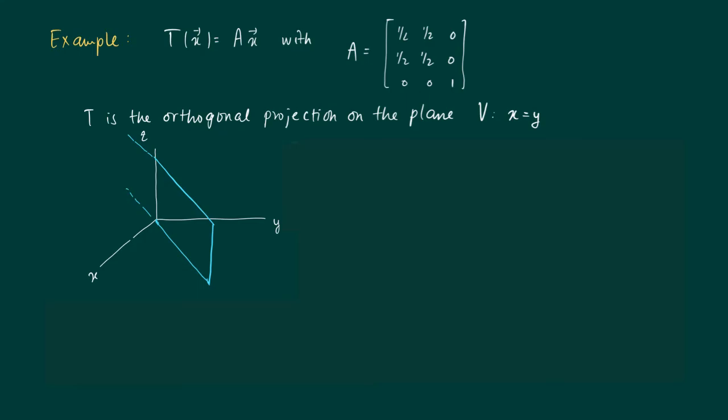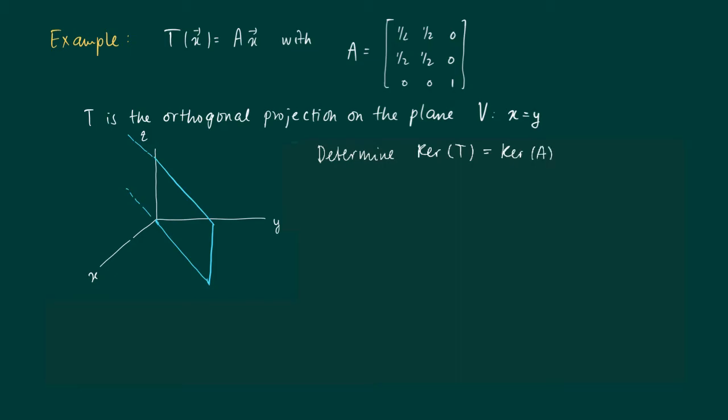So again, look at the same example of T being the orthogonal projection R3 to R3 on a plane V with equation x is y. So the first and the second coordinates are the same.